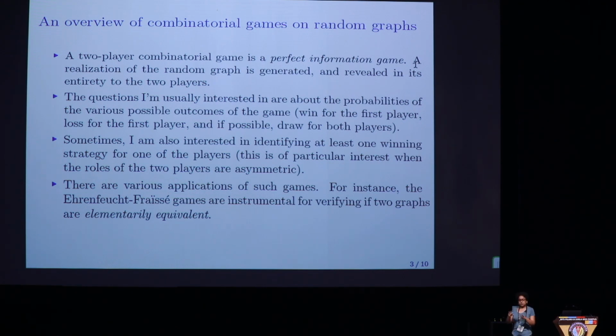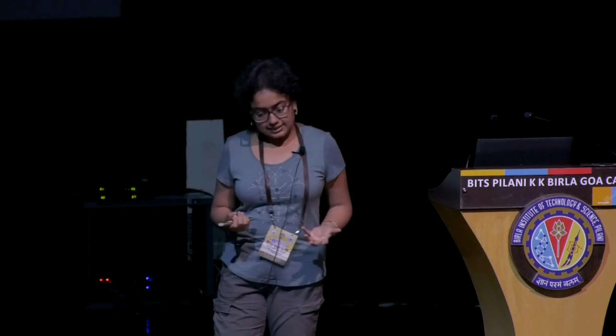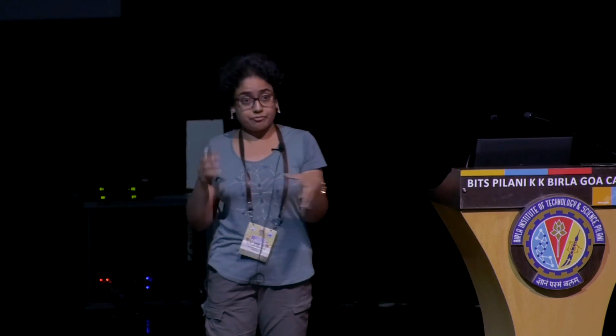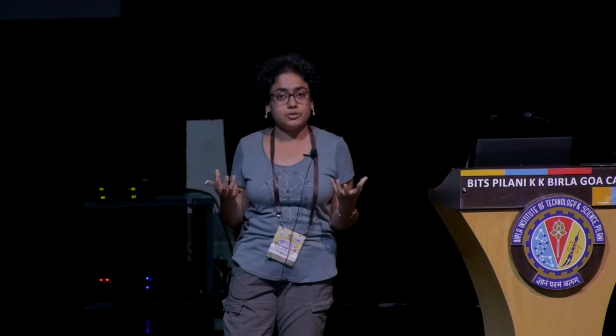And now you have been given two graphs by somebody. When you ask whether these are elementarily equivalent in terms of these sentences, what you're basically asking is, if you take any such sentence, let's say A, does it hold for both the graphs or does it fail to hold for both the graphs? If it's something like that, then you say that these two graphs are elementarily equivalent.